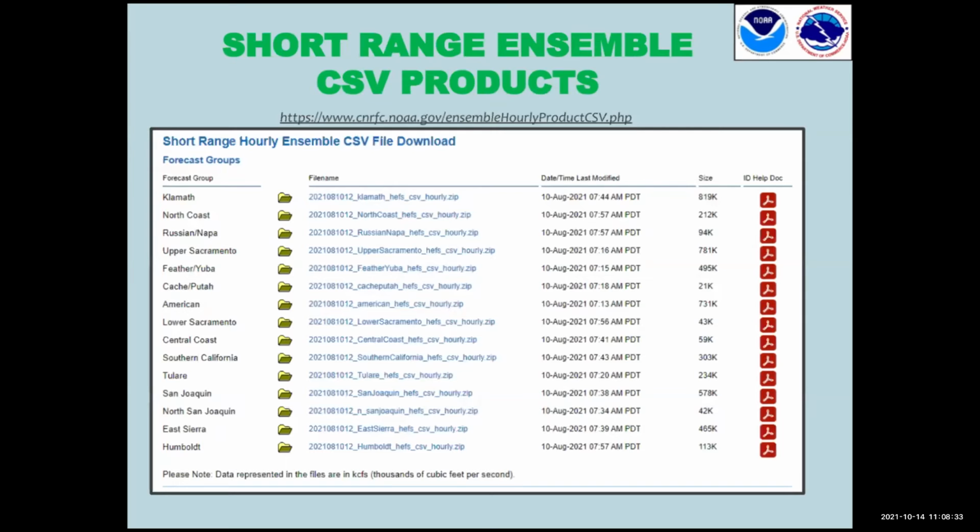So if you wanted to download all the time series for particular locations and process them through your decision support tools, you can get them from the provided link above this image. And there's also the ID help documents as well for the short range ensembles.